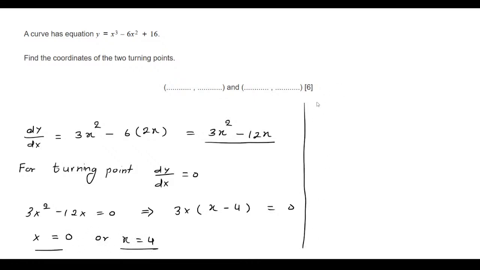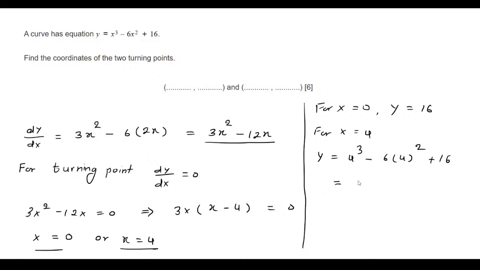Now for x equals 0, the value of y is 0 cubed minus 6 times 0 squared plus 16, which is 16. And for x equals 4, the y value will be y equals 4 cubed minus 6 times 4 squared plus 16.